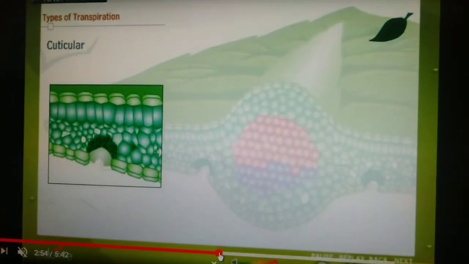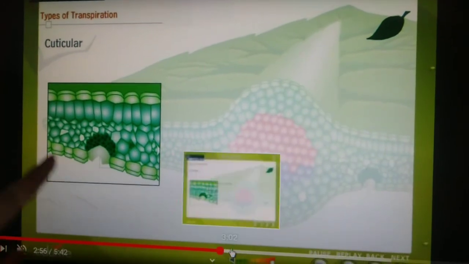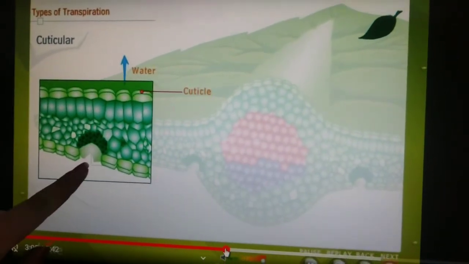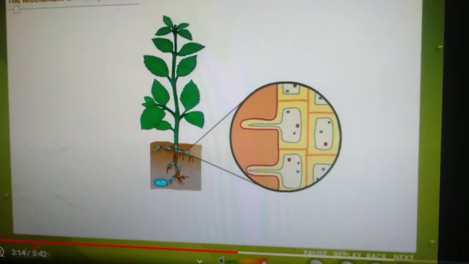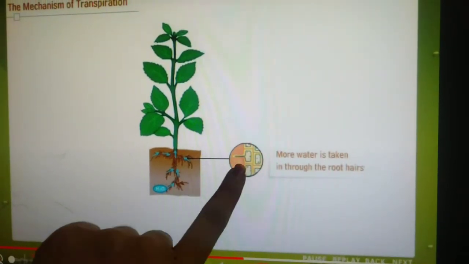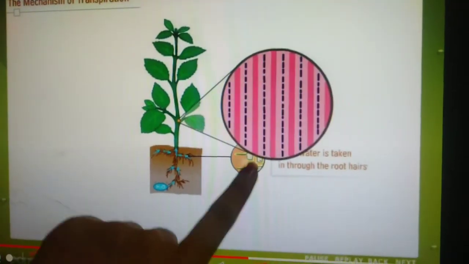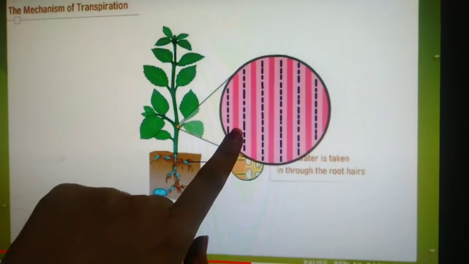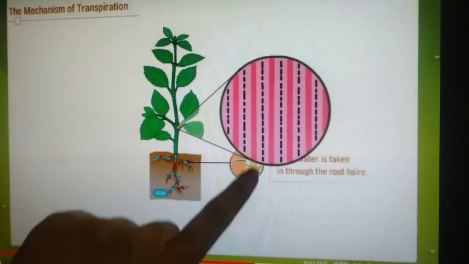You already know that root hairs absorb water and send it to the xylem bundles or xylem vessels.